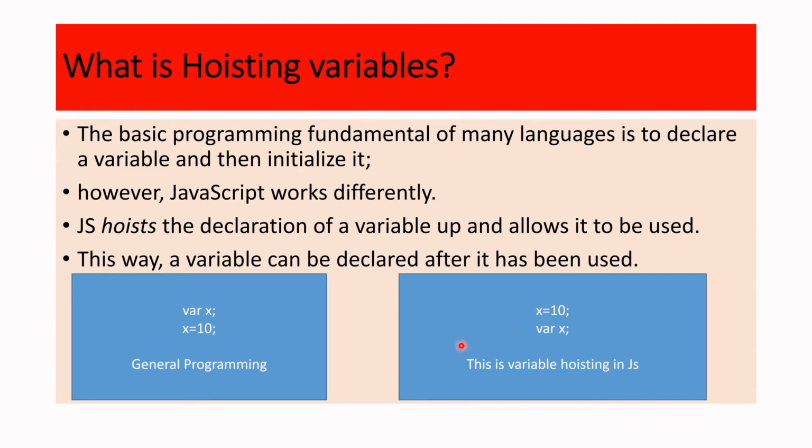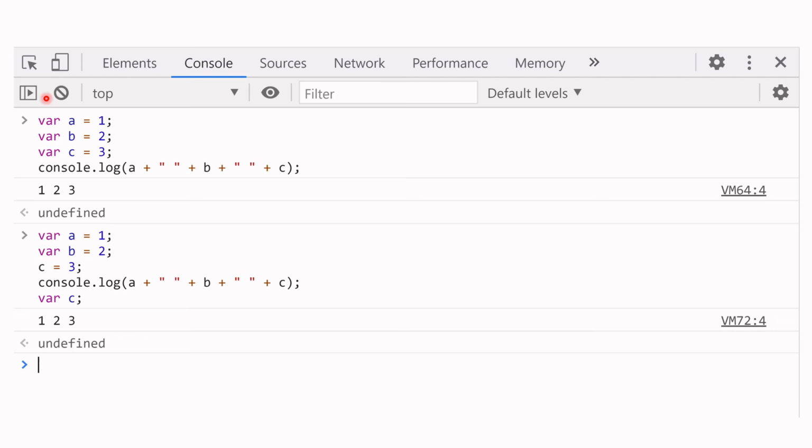And let's see how we can do it. I have taken a variable ABC as 123, and I am doing console.log of ABC. So we can see 123, we are getting the data, right? Now if we write variable a equal to 1, variable b equal to 2, and then variable c equal to 3, but we are not defining the variable c right here, see.